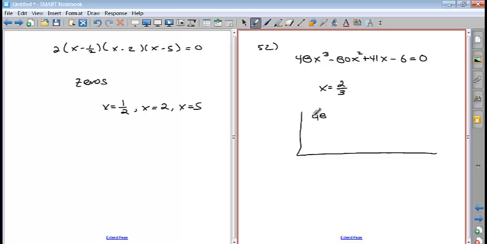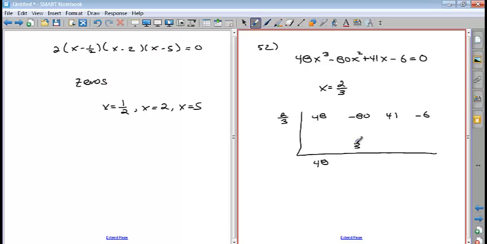So 48, -80, 41, -6, and 2/3. Okay, so bring 48 down. And I'm going to use my calculator just to make sure I don't make a mistake here. 48 times 2 divided by 3 is 32.